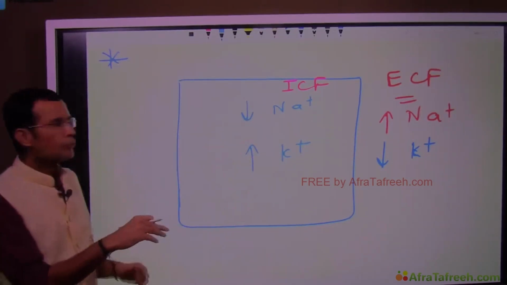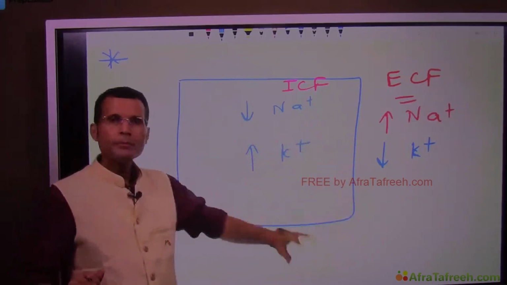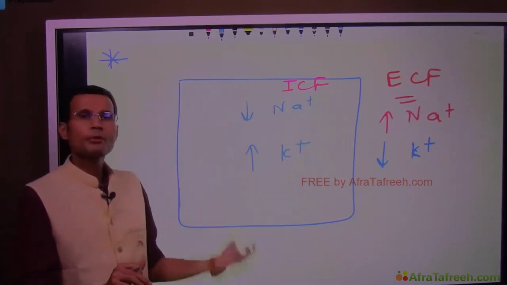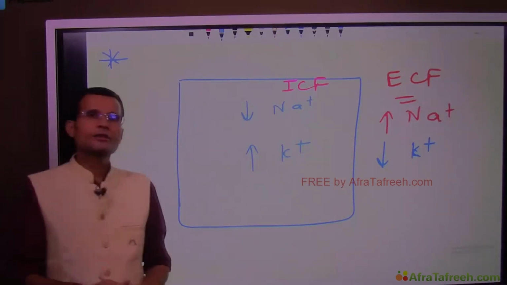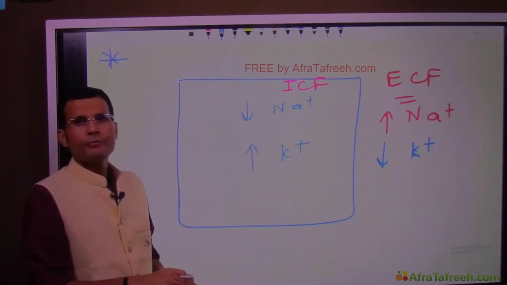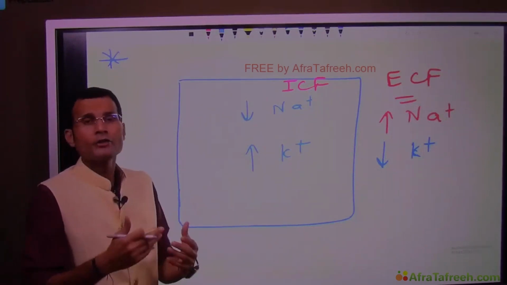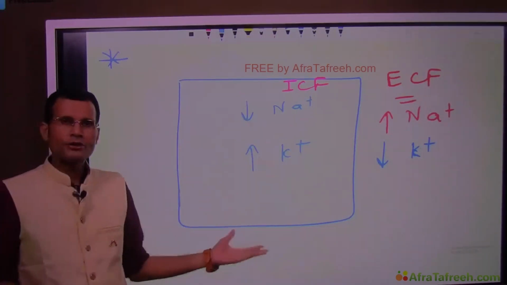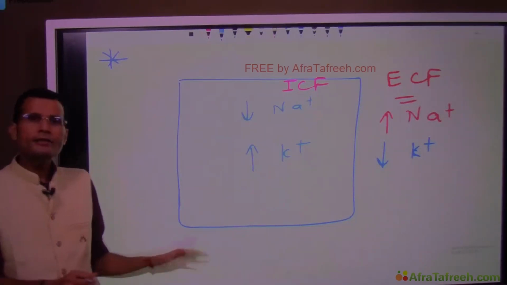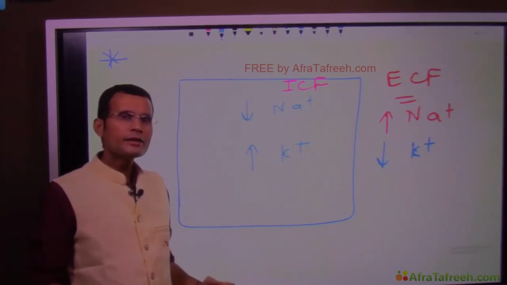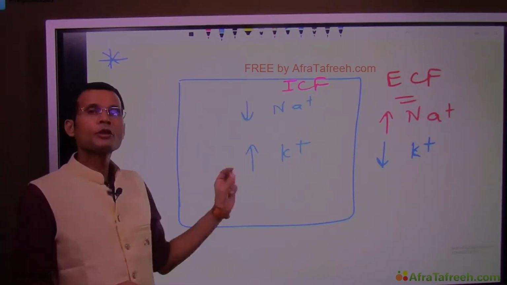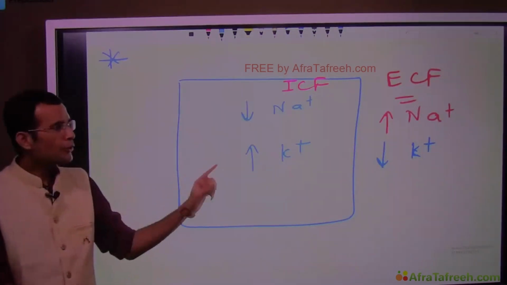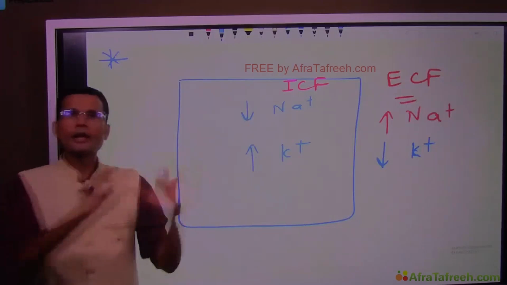Major cation in the ECF, sodium; major cation in the ICF, potassium. So far as the anion is concerned, the ECF has a high concentration of chloride, whereas ICF has the anions in the form of intracellular proteins, and that is what we are going to discuss now. But this is our starting point.